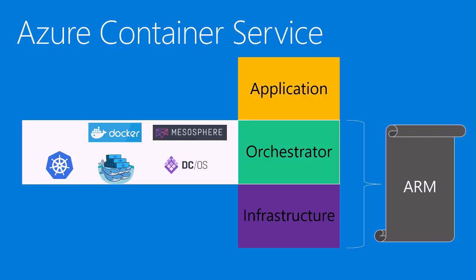The reason I highlight that is because it's not a managed service. What we're really doing is making it really easy for you to stand up these container environments on Azure, which are usually quite complex to stand up. And we're also doing a bunch of work in the Kubernetes, Docker, and Mesosphere open source projects themselves to make those platforms have really great native support for Azure.